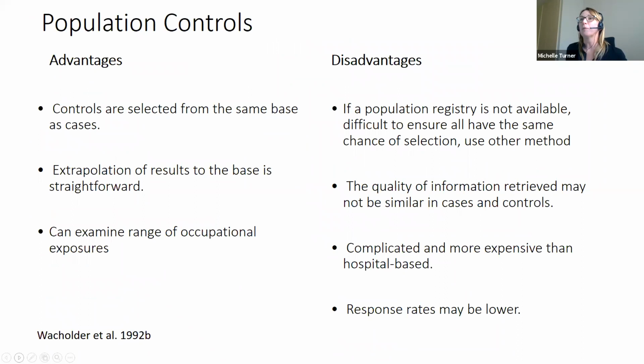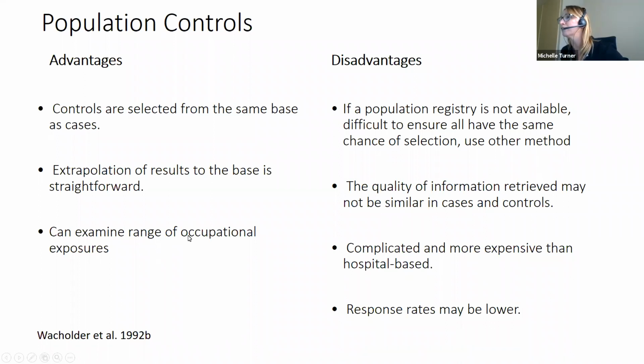So in terms of population-based case control studies, one of the reasons that they're often cited as being nice is that you can examine a range of occupational exposures by collecting information on a range of people throughout the entire population.